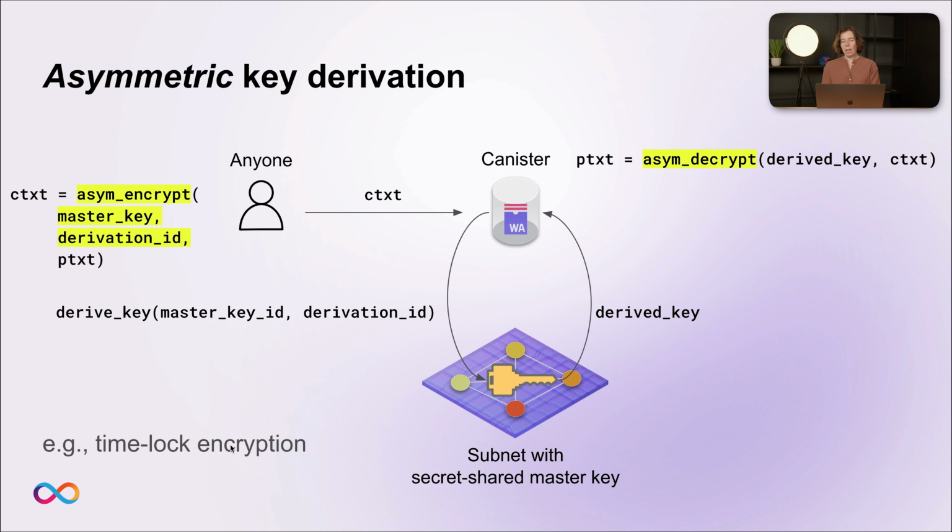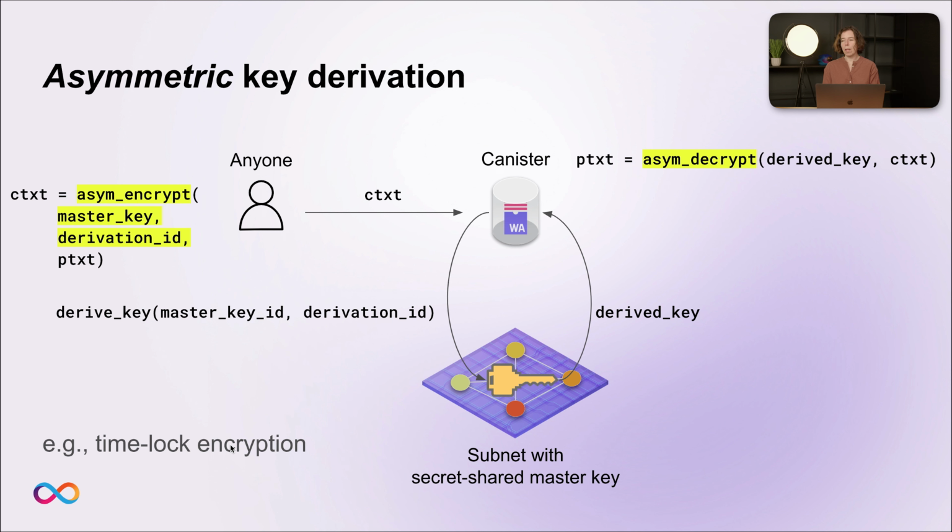So one thing that you might ask here is how secure this actually is, because you're deriving a cryptographic key and sending it to the canister and allowing the canister to do encryption and decryption. And while this is very convenient, maybe you don't want the canister to actually see the keys that you're deriving. And also note that in this case, the subnet can see the key that is being derived.